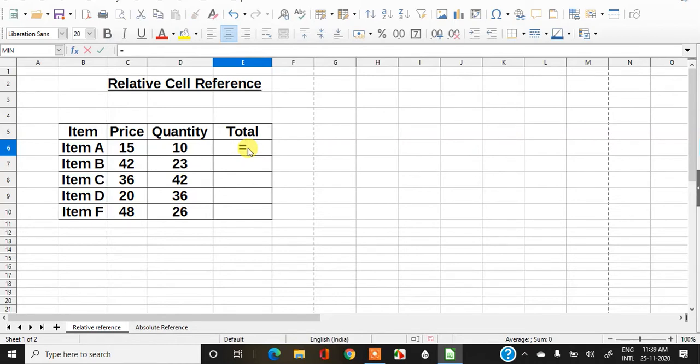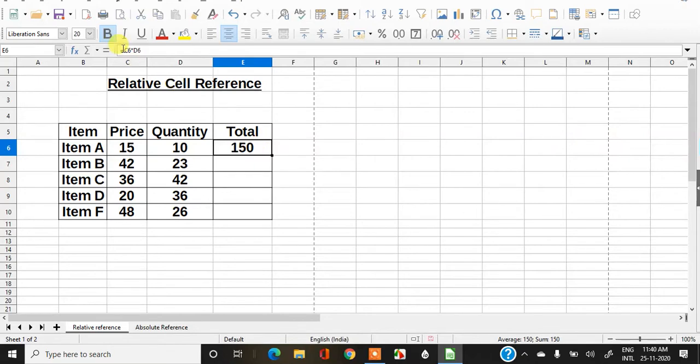After that, I click on the price, that is the cell address C6. Then I put the symbol of multiplication. Then I put my cursor on the quantity and press the Enter key. So this is the total, or the result of the formula that I have applied.